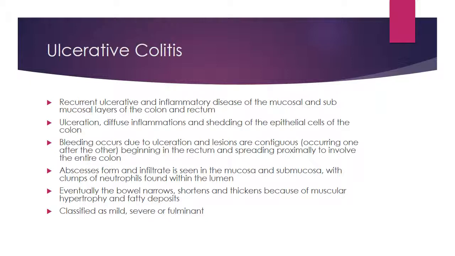And abscesses form and infiltrate as seen in the mucosa and submucosa, with clumps of neutrophils found within the lumen. Eventually, the bowel narrows, shortens, and thickens because of the muscular hypertrophy and fatty deposits. And that can be classified as mild, severe, or fulminant.